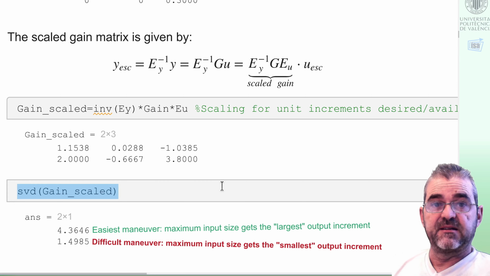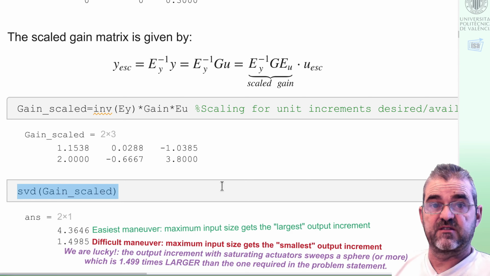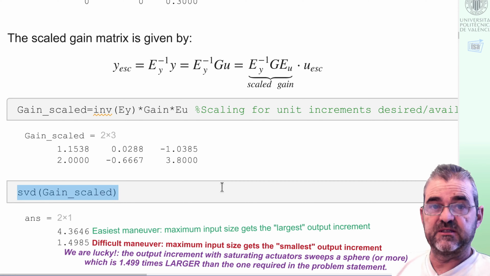So my unit sphere in the input space totally sweeps the output sphere of radius 1.5, so of course it sweeps the sphere of radius 1, and then we can say that indeed we can achieve the desired output movement within my input limits.